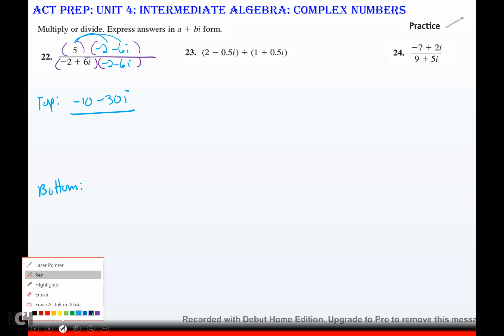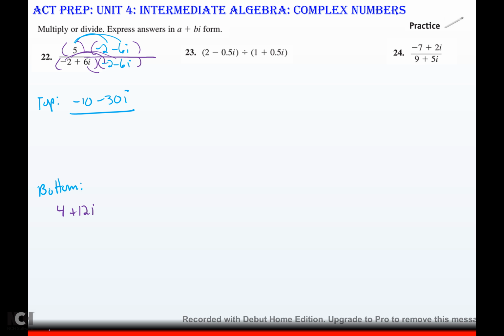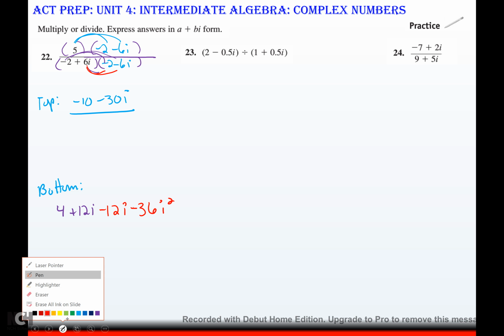On bottom, I'm going to have negative 2 times negative 2 is positive 4. Negative 2 times negative 6i is positive 12i. Positive 6i times negative 2 is negative 12i. Positive 6i times negative 6i is negative 36i squared.